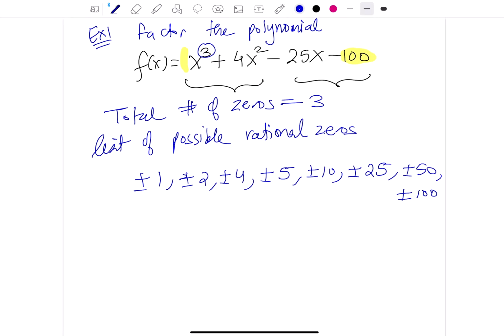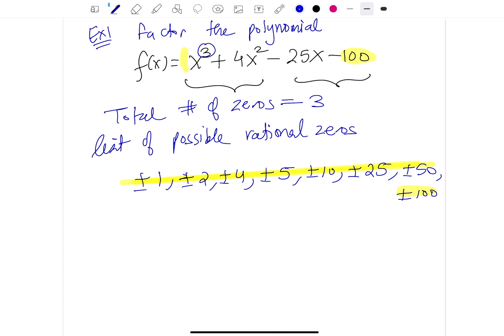These are all the possible factors for 100. So these are all my possible zeros. So we have 1, 2, 3, 4, 5, 6, 7, 8, 16 possible zeros in this case. Out of those 16, only 3 are going to work out.